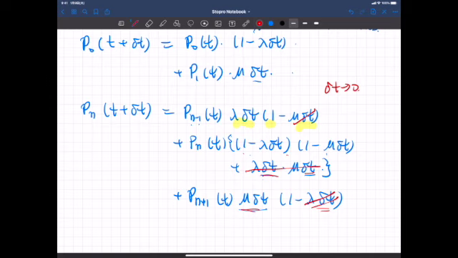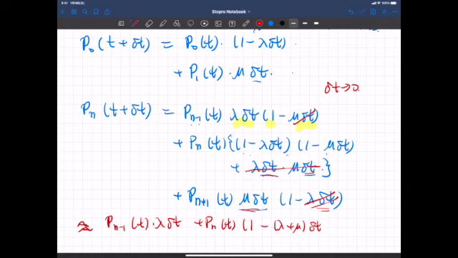So after all, approximately, by ignoring higher order terms of delta t, we should have p n minus 1 times lambda delta t, and p n of t times 1 minus lambda plus mu delta t. We ignore the delta t squared term, and p n plus 1 times mu delta t.